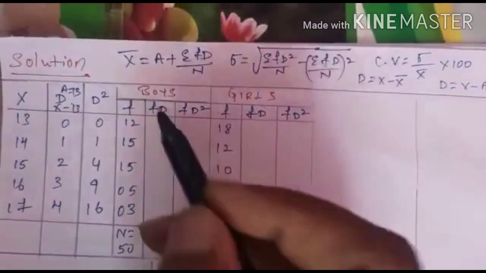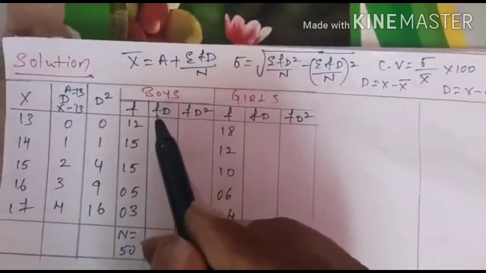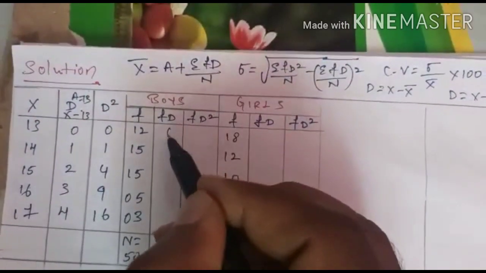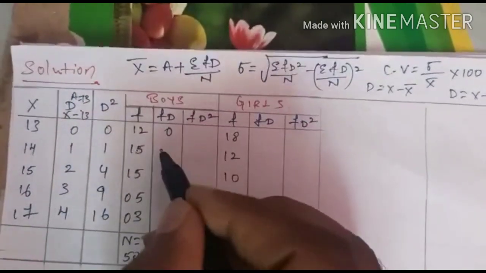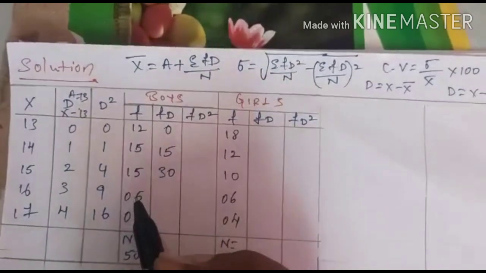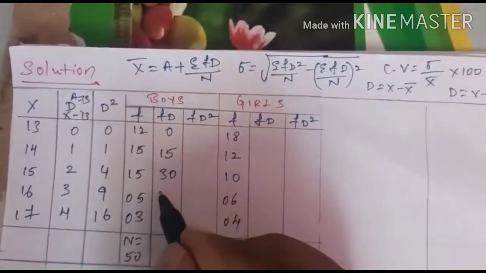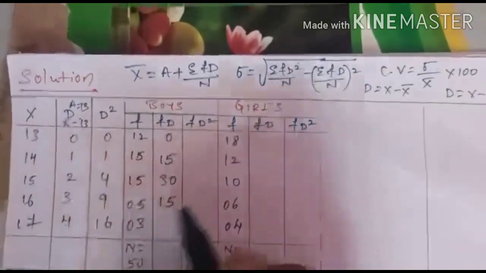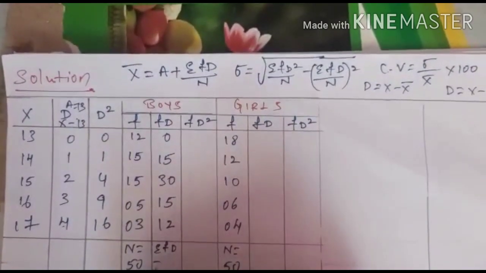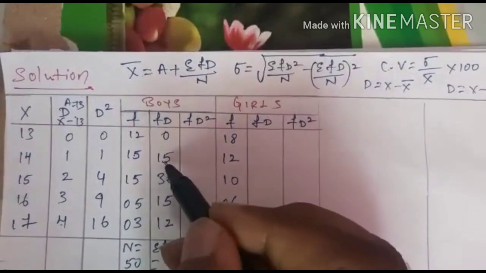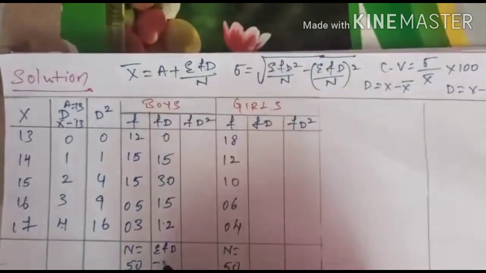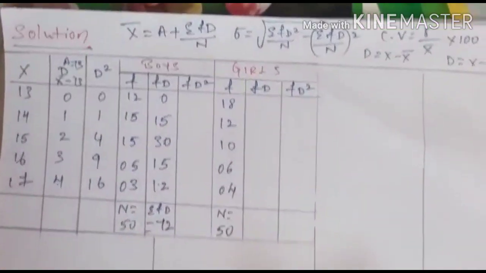Now find the fd for boys, that is frequency into deviation. 12 into 0 is 0, 15 into 1 is 15, 15 twos are 30, 5 threes are 15, 3 fours are 12. Now find sigma fd: 30 plus 15 is 45, 45 plus 15 is 60, plus 12 gives 72.